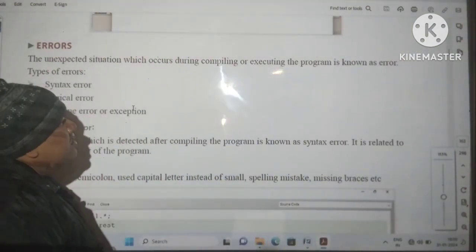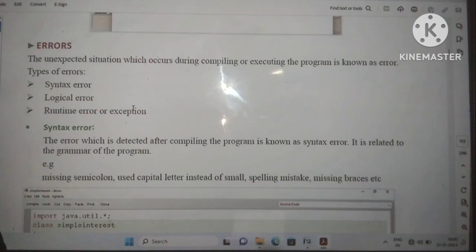It is of three types: syntax, logical, and runtime.